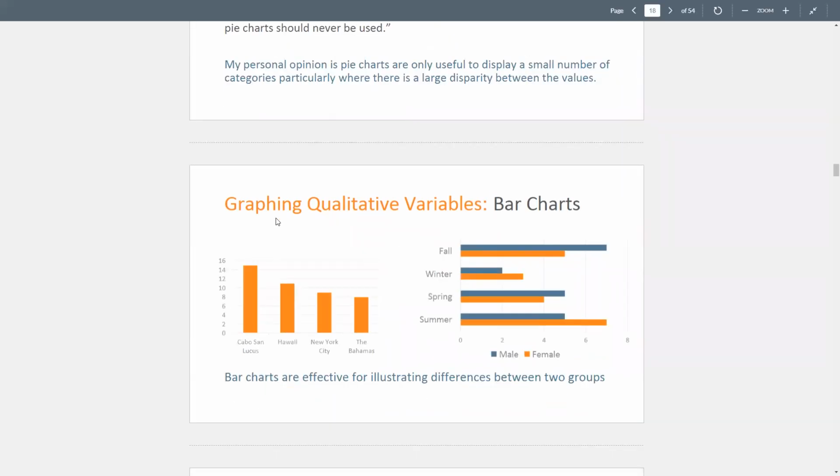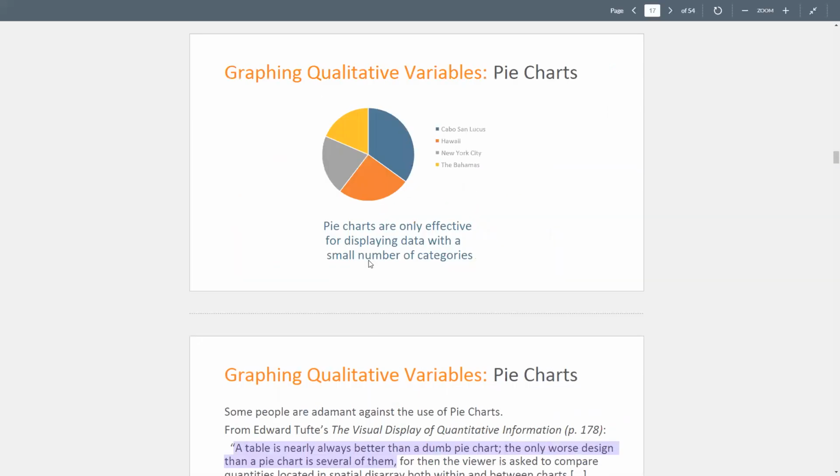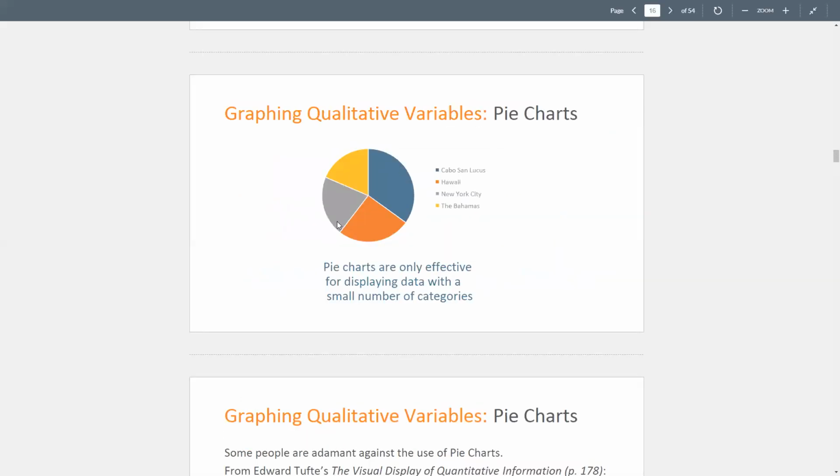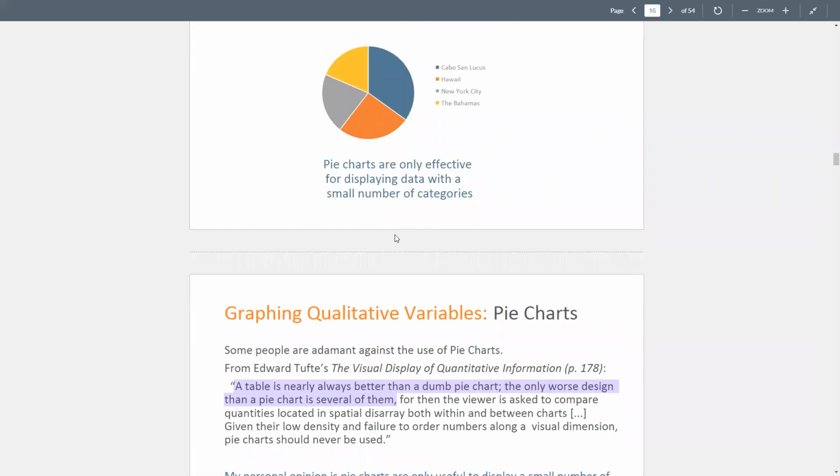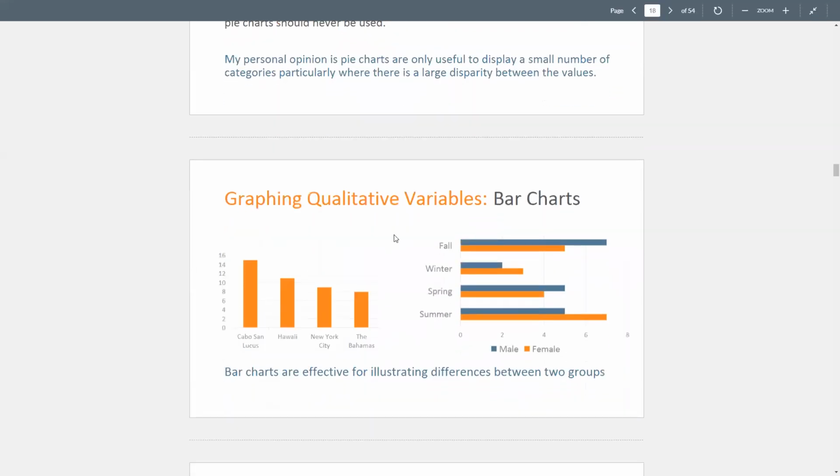I always think a bar chart would do just fine. To me, it's a lot easier to compare the size of these bars than it is to compare the angles in this pie chart. But I'll be okay if there are 3 or fewer categories. Usually that's okay to display in a pie chart, but only when it's a few categories.